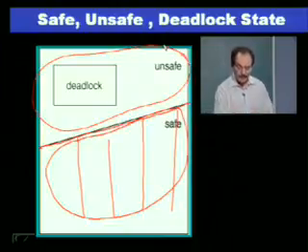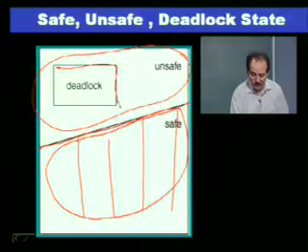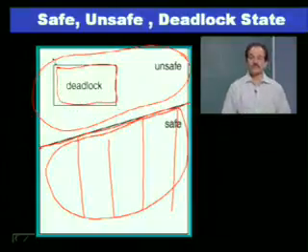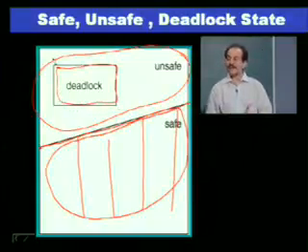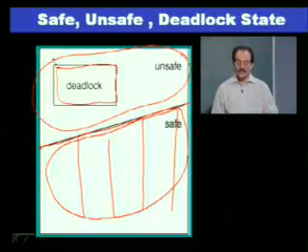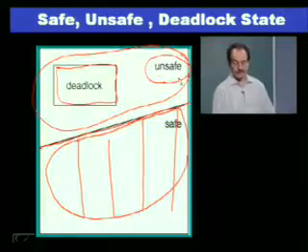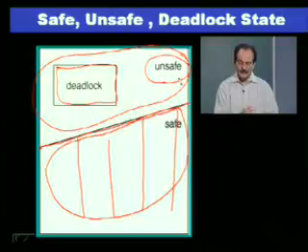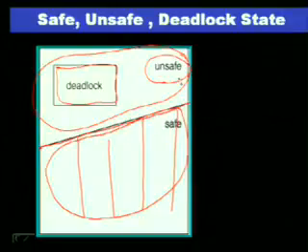But the occurrence of deadlock may be limited to a very small area. There may be a very small area where deadlocks are occurring, but still my system is in the unsafe state. So, this is a graphical representation of the safe, unsafe and deadlock states.